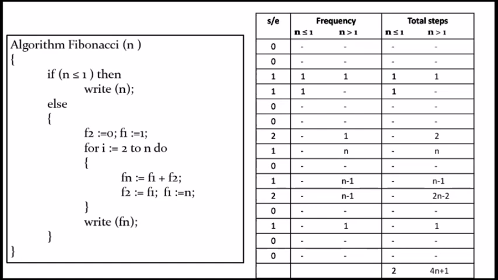So the total steps required by this algorithm is 4n plus 1 when the value of n is greater than 1. So if the value of n is less than or equal to 1, the steps required will be 2 steps, and when the value of n is greater than 1, then the steps required will be 4n plus 1.